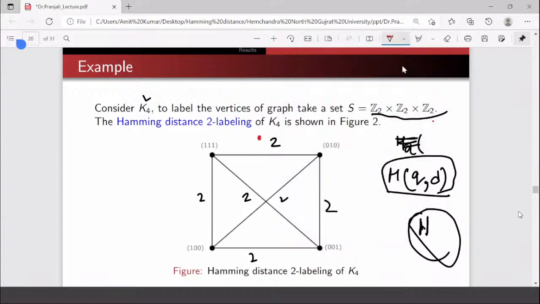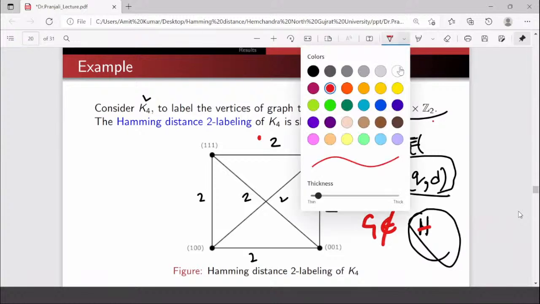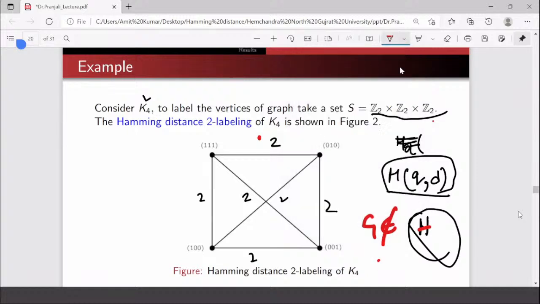Okay. So H Q_d was our Hamming graph. Suppose this denotes the collection of all Hamming graphs, then there are some graphs which do not belong to the set. What I am going to convey is, if I am able to label the vertices of this graph, then it can be embedded into a Hamming graph.